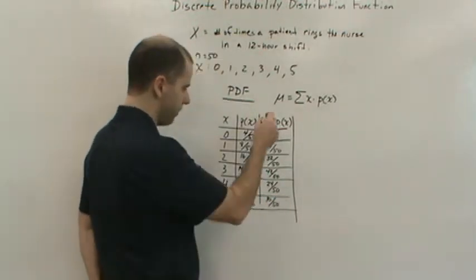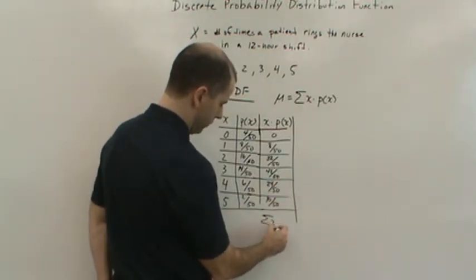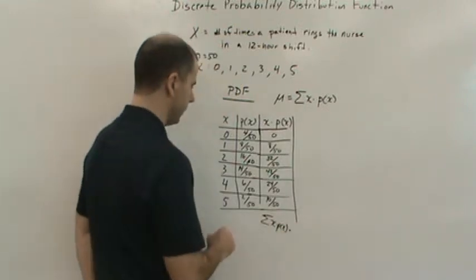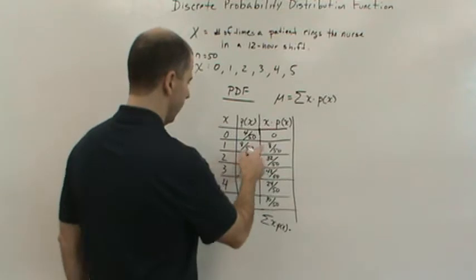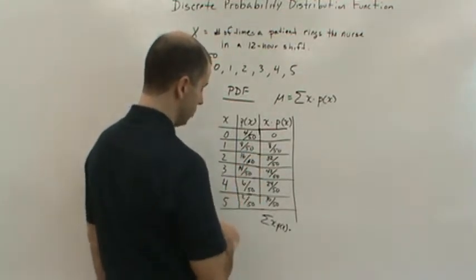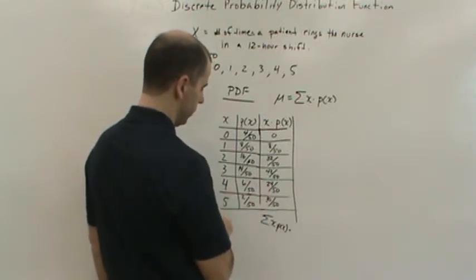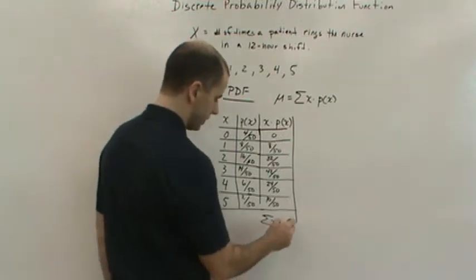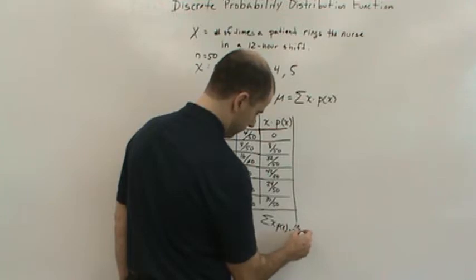And then if I sum all of these down, that's going to be my answer, right? The sum of x times p of x. And so what do I get? Well, 8 plus 32 is 40, 40 plus 42 is 82, 106, and I get 116. So I get 116 over 50.